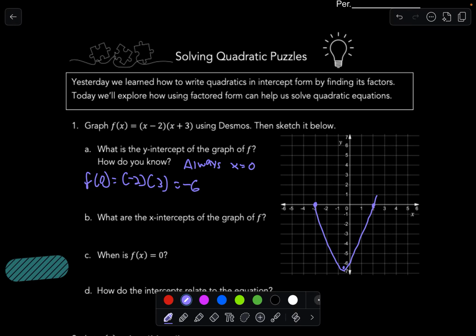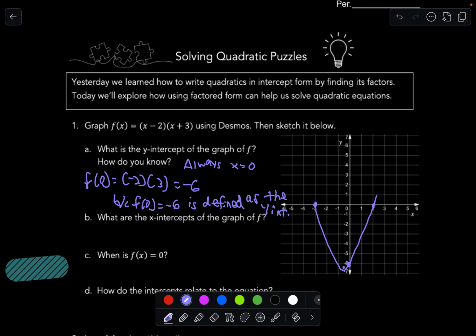And there's negative 6 right there. How do you know? Because f of 0, which equals negative 6, is defined as the y-intercept.